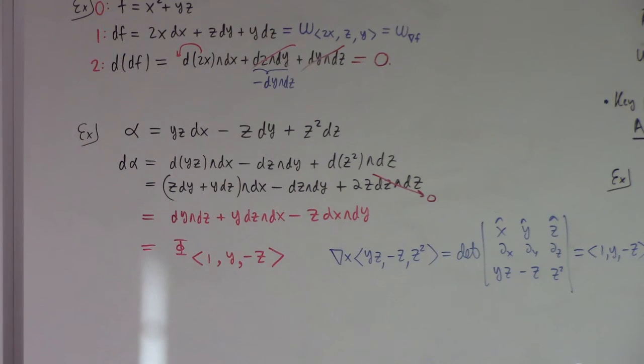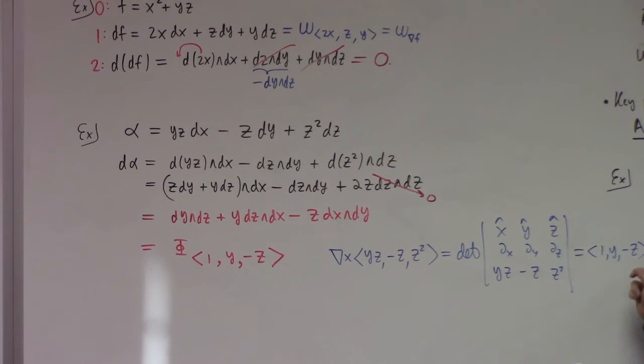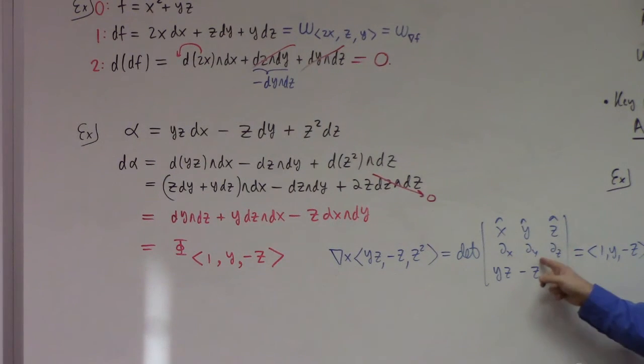You can check it. To get the 1, x hat, minus partial z of zx, that's 0. To get the y, I look at zx, which gives me a y. This gives me a 0. There's the y. To get the z, I do partial x of z, minus, so that's a z, minus z rather.